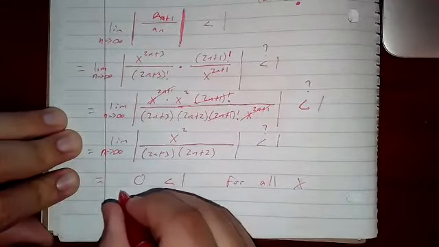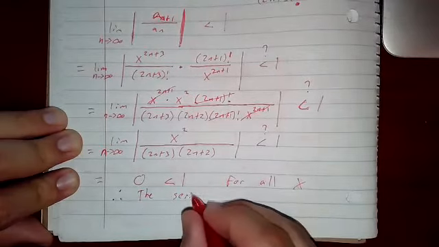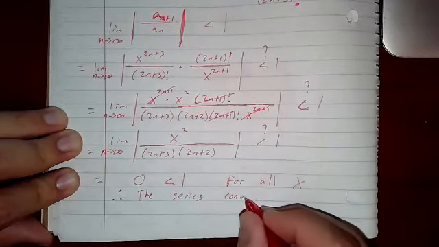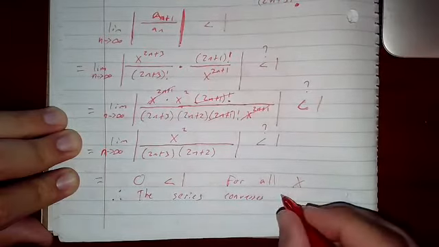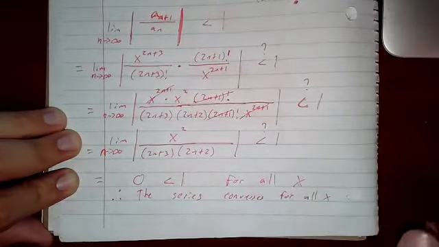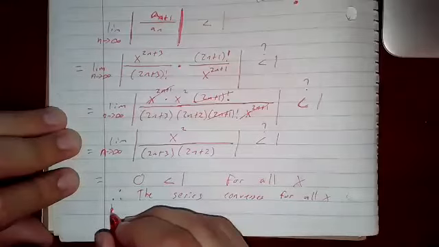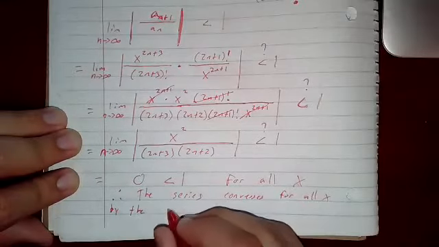So therefore, the series converges for all x by the ratio test.